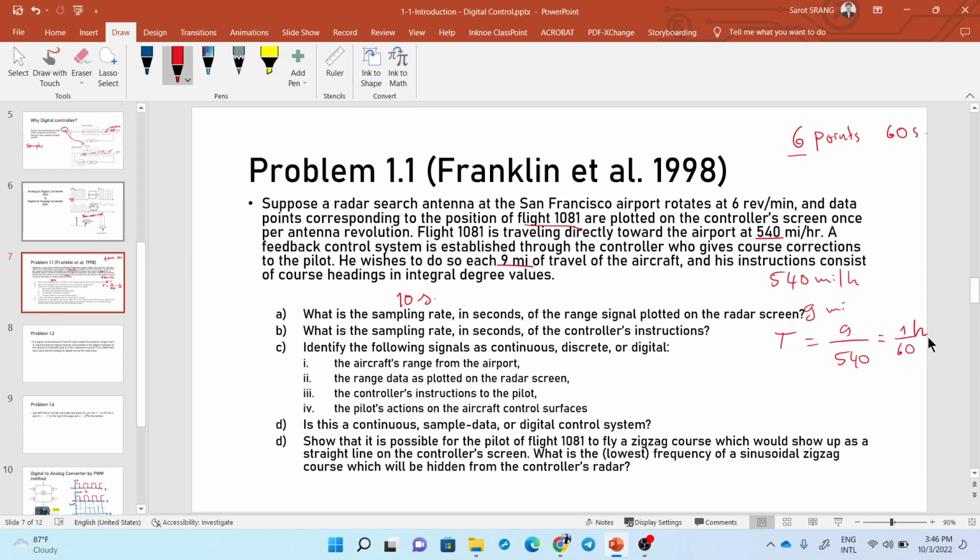This is in hours, right? So it is 1 minute, which means 60 seconds. So every 60 seconds, the radar station sends the signal to the aircraft to correct the heading. So this is 60 seconds.